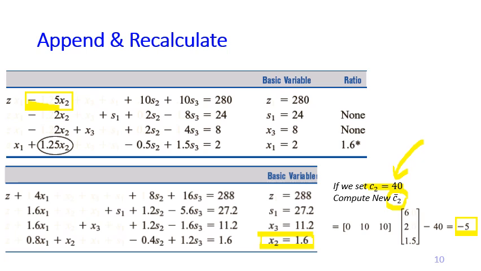If so, your current basis remains optimal. If it becomes negative, like in this example, your current basis is no longer optimal, and you need to recompute the simplex. Don't forget to append this to the old optimal table, and then recalculate the simplex algorithm until you obtain the new optimal solution. So that's for the first change, and in the next one, we're going to see how to perform the second change.